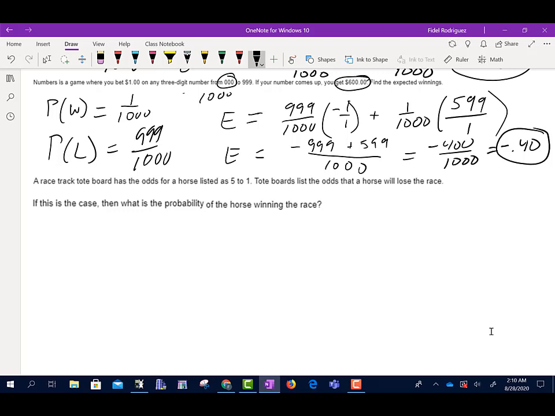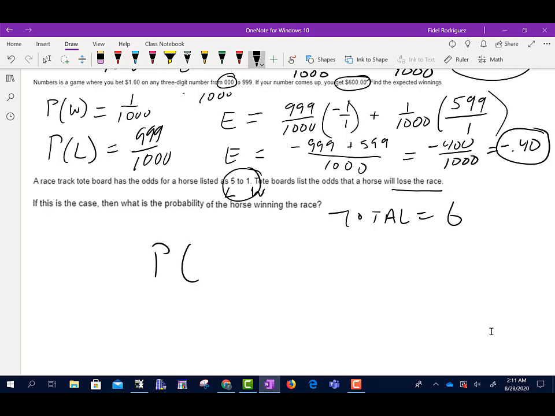Okay, so the last problem I have here out of 9.3 says a racetrack tote board has the odds for a horse listed as 5 to 1. Tote boards list the odds that a horse is going to lose. So this is losing, this is winning, okay? So guys, that means that my total number of options would be 6.